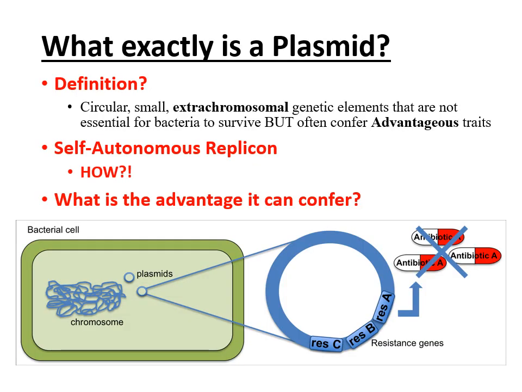Now I keep saying the term plasmid or vector, and I want you to know, well, what exactly does that mean? Well, the official, textbook kind of definition that I usually give students is circular, small, extrachromosomal genetic elements that are not essential for bacteria to survive, but often confer advantageous traits.